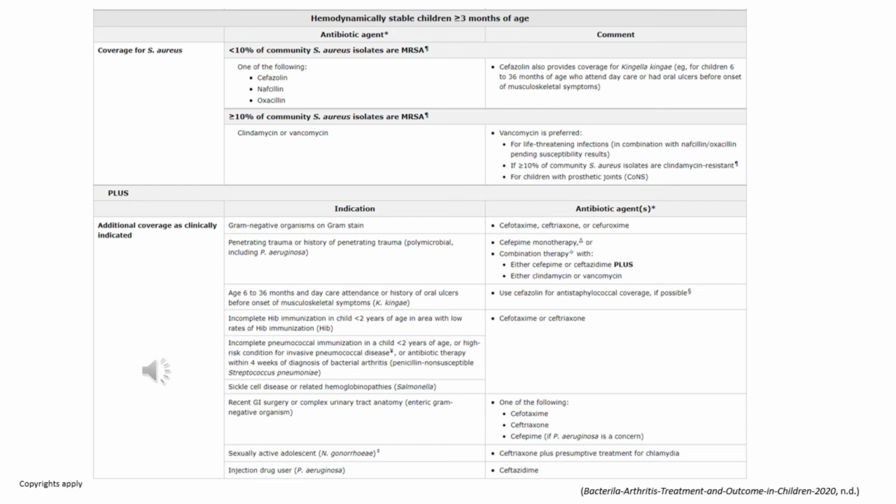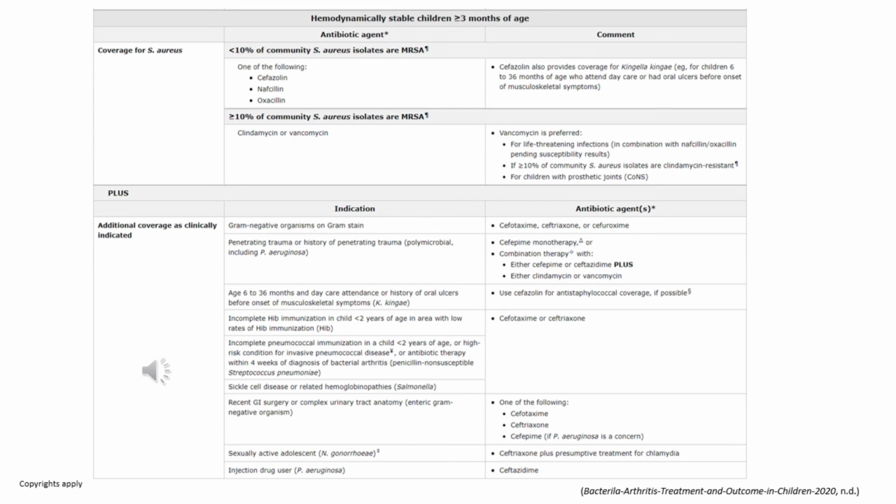For incomplete pneumococcal immunization in a child less than 2 years of age, or high-risk conditions for invasive pneumococcal disease, or antibiotic therapy within 4 weeks of diagnosis of bacterial arthritis, and for sickle cell disease or related hemoglobinopathies caused by Salmonella, use cefotaxime or ceftriaxone. For patients with recent GI surgery or complex urinary tract anatomy, enteric gram-negative organism, use one of the following: cefotaxime, ceftriaxone, or cefepime if P. aeruginosa is a concern.